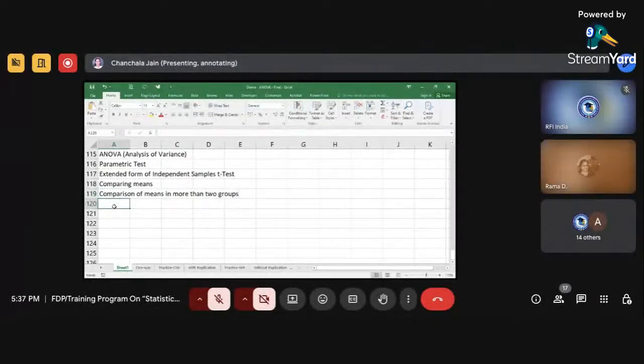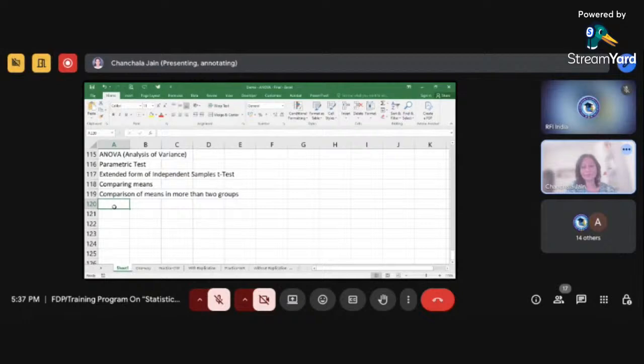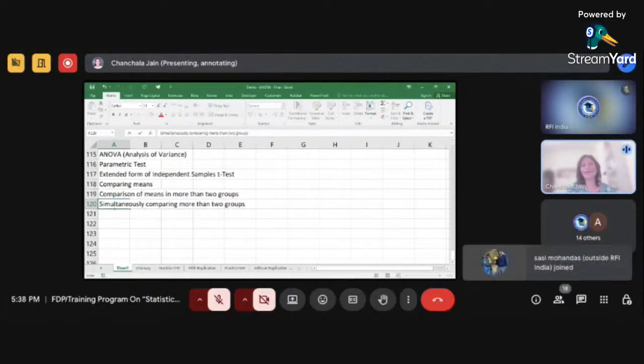Right. I will mention one more thing here. When we want to simultaneously compare, it is very important here, simultaneously, we are comparing more than two groups, in that case we are using ANOVA, right?